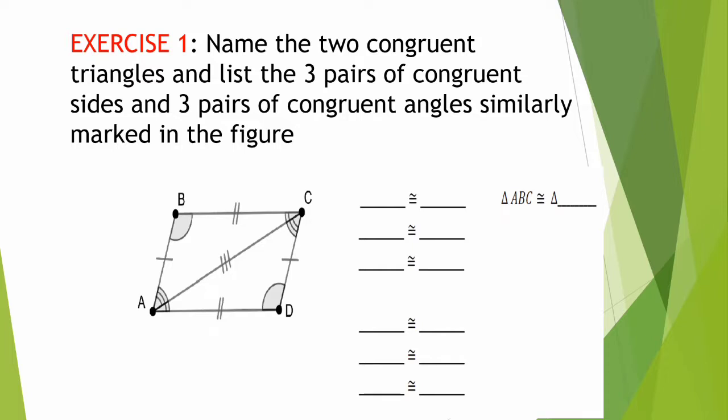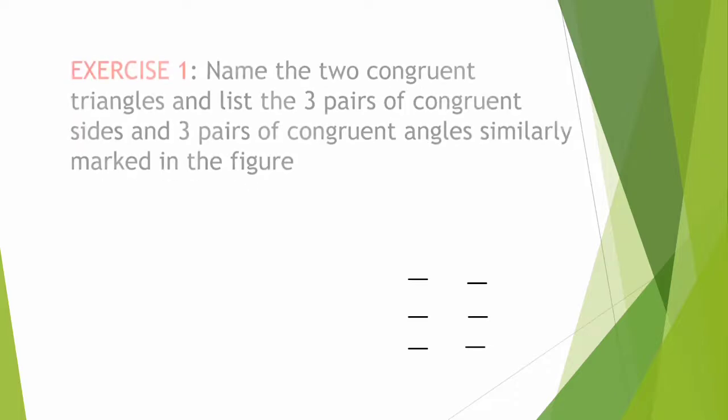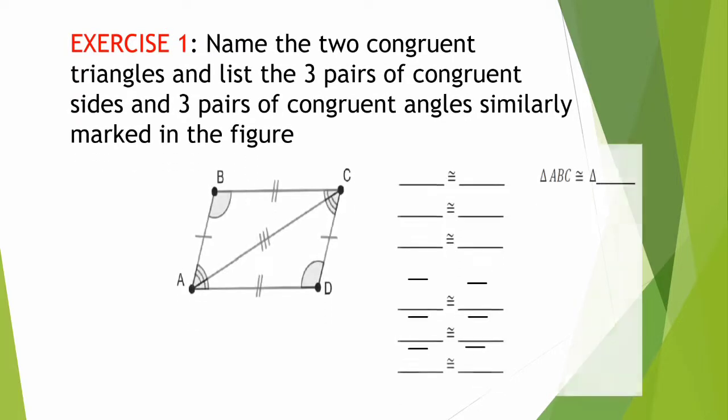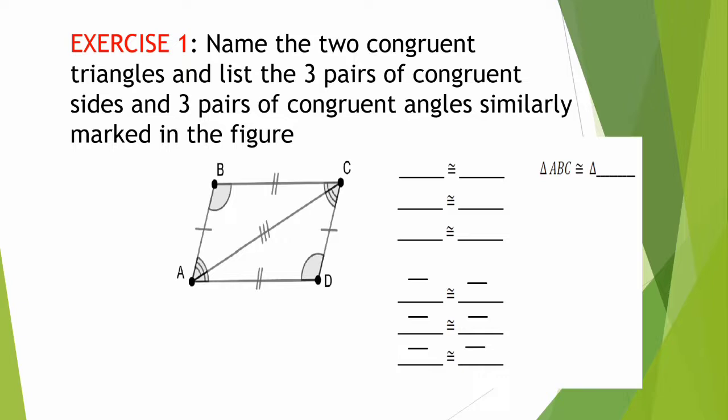Are you done? Okay, let's check if your answer is correct. Let's check the answer. Okay, angle B is congruent to angle D, angle BEC is congruent to angle DCE, angle BCE is congruent to angle DEC.